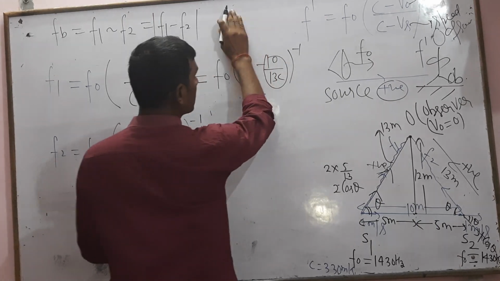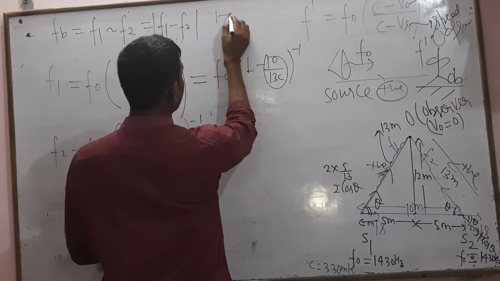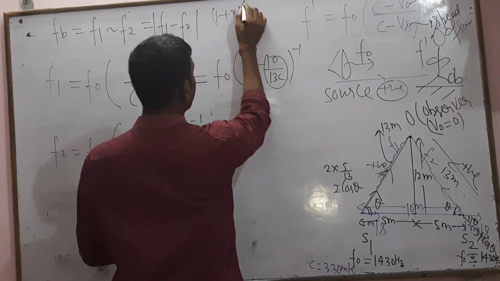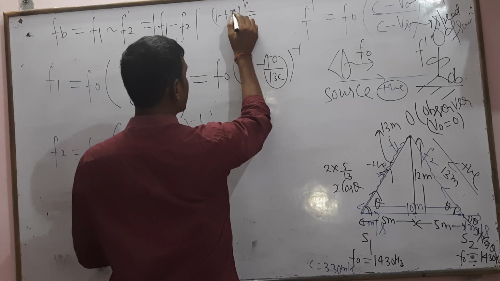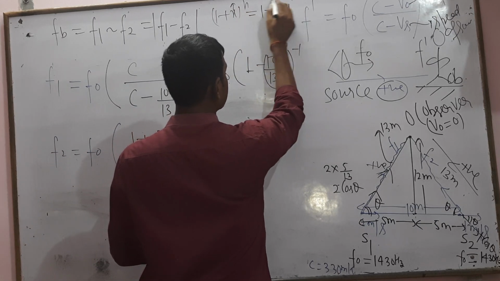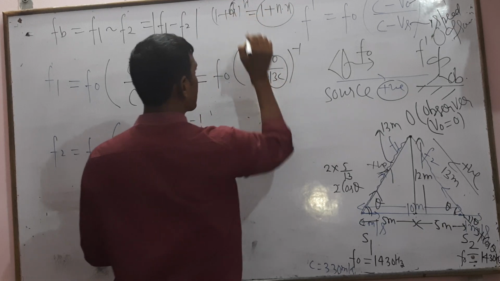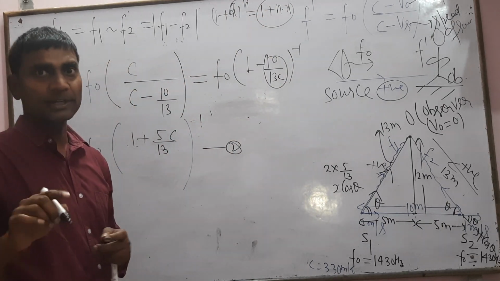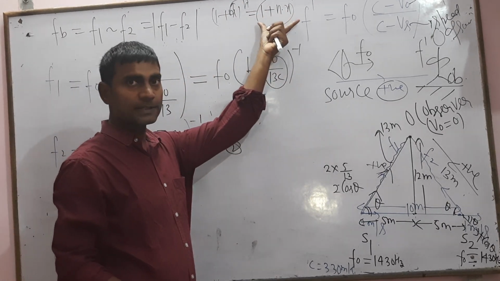Okay. So by binomial expansion, 1 plus x raised to n. If x is a very small quantity, we can say 1 plus n into x. So n goes to the coefficient. This is the mathematics part in binomial expansion.